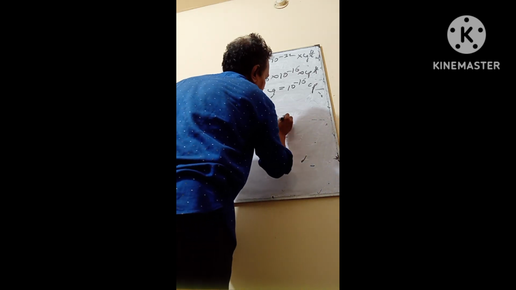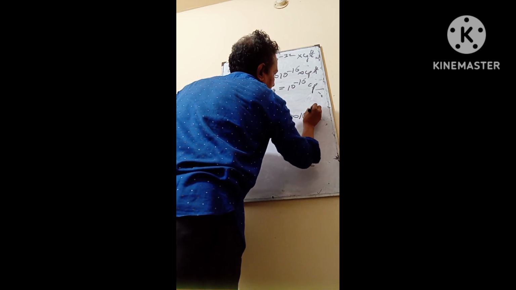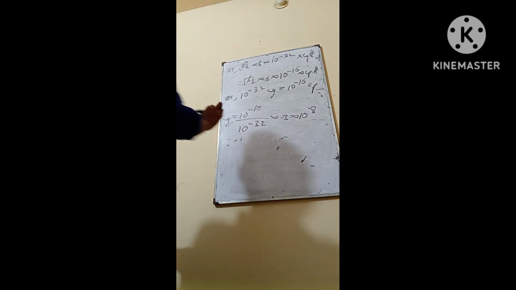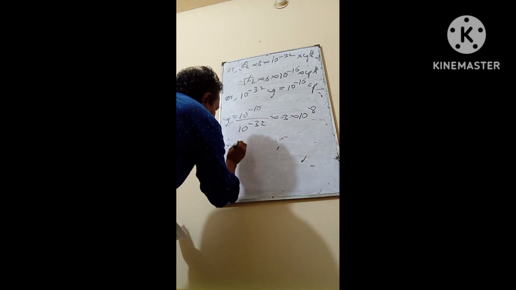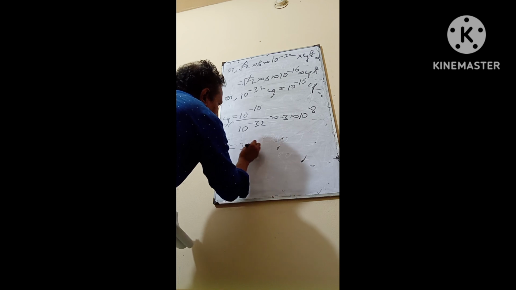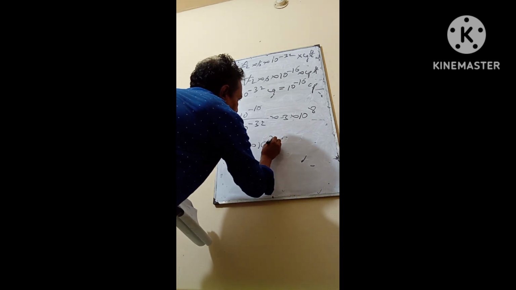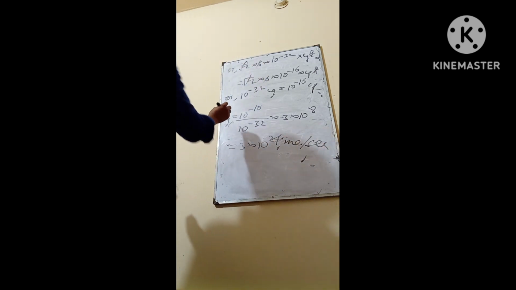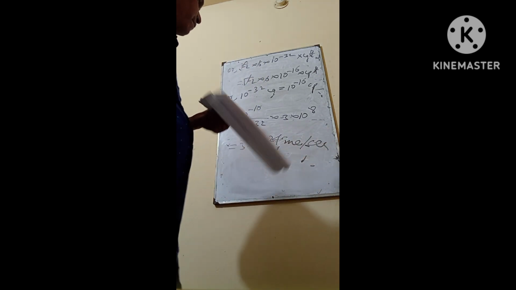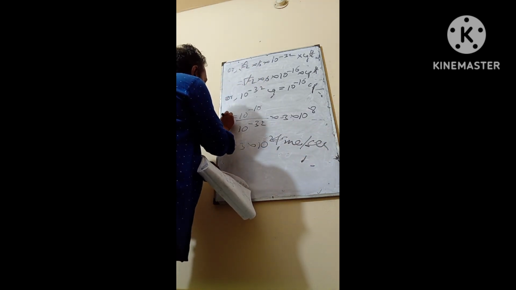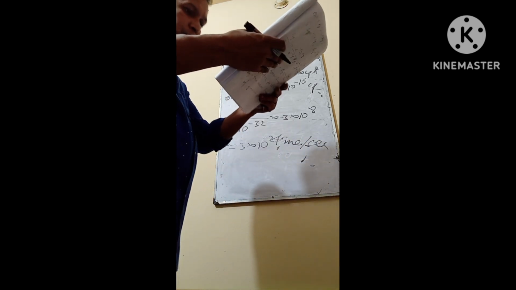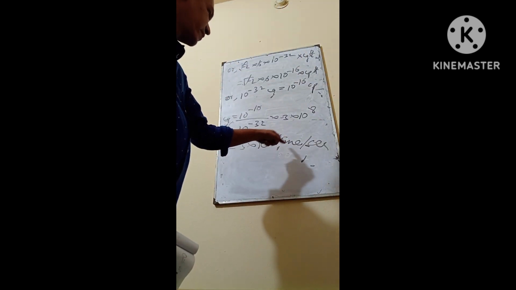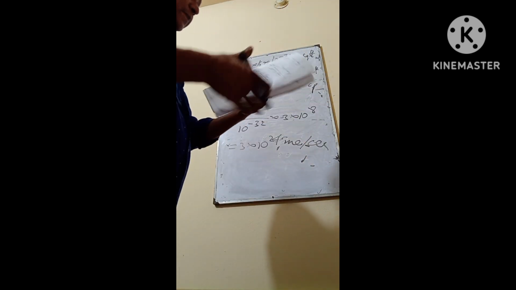Cp is equal to 10 to the plus 8. Such equation gives 10 to the 24 meter per second approximately. See the gravity, the velocity of gravity is 10 to the 24 meter per second.